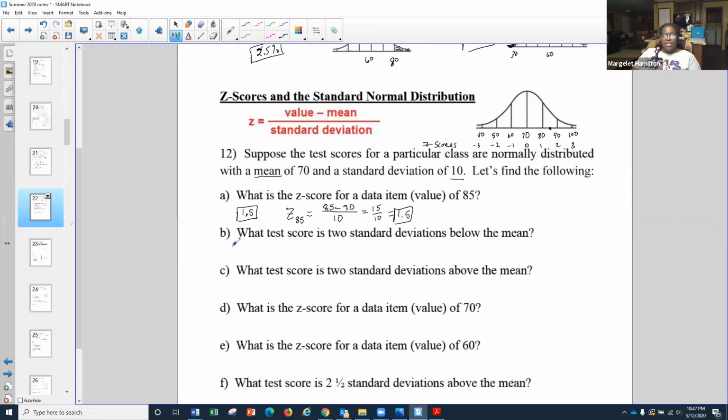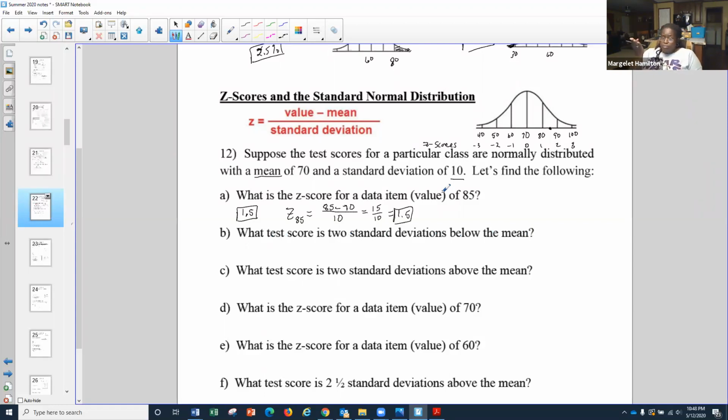Okay, now let's look at this next statement. It says, what test score is 2 standard deviations below the mean? Now they give us this statement, and they want us to use the information we've just learned to find out. Remember back in algebra, we would have information given in statement form, and we'd have to transition it into a mathematical statement. We're going to do the same thing here. Look at the key words and see how we're going to write this.